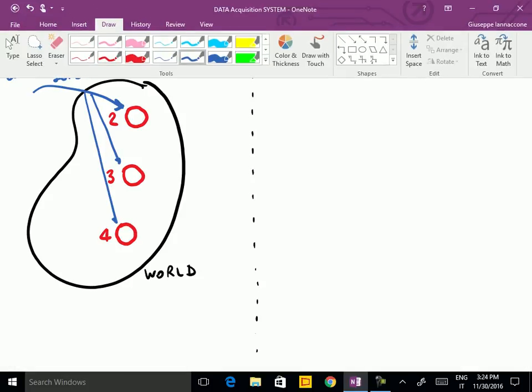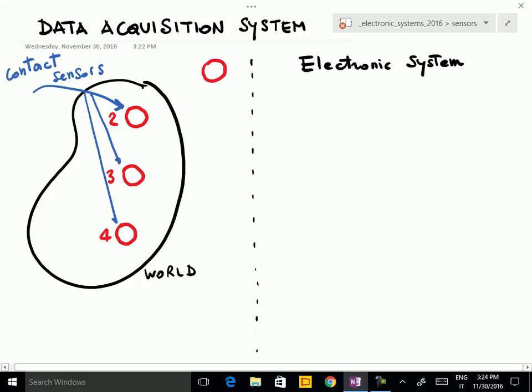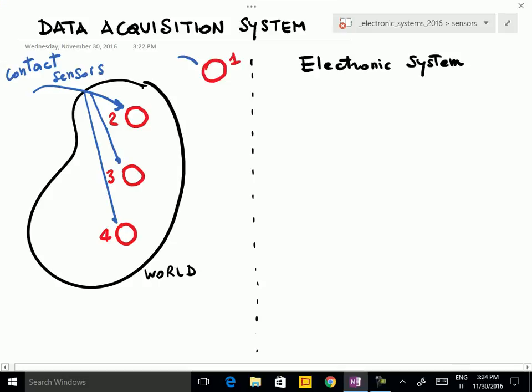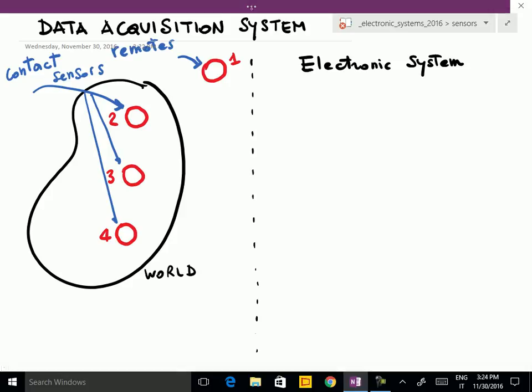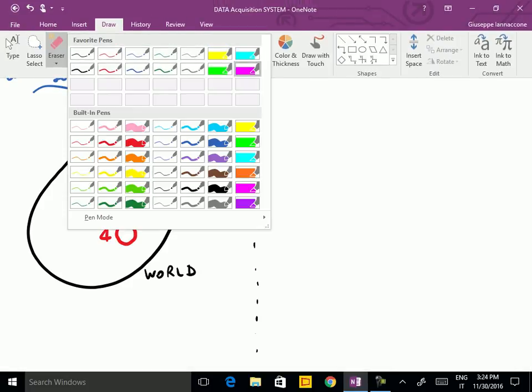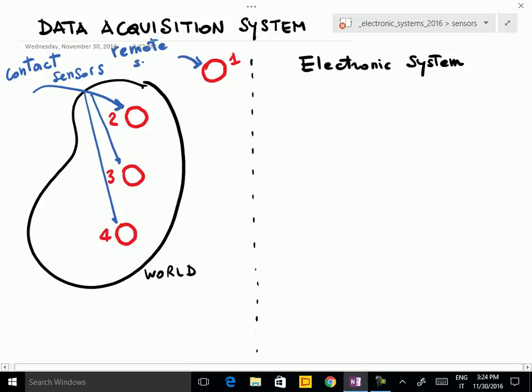Plus we can have some sensors which are not in contact, that we call remote. The numbers are totally, let's say, arbitrary, and I'm just drawing an example of a situation that we might have.